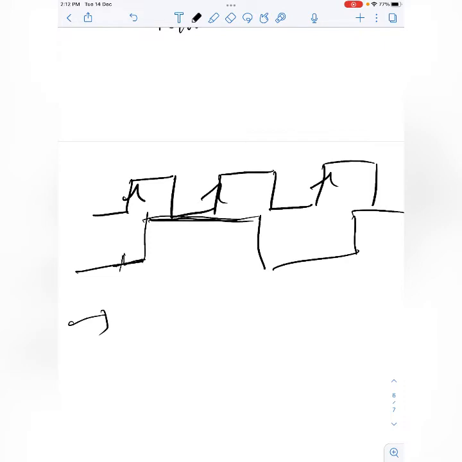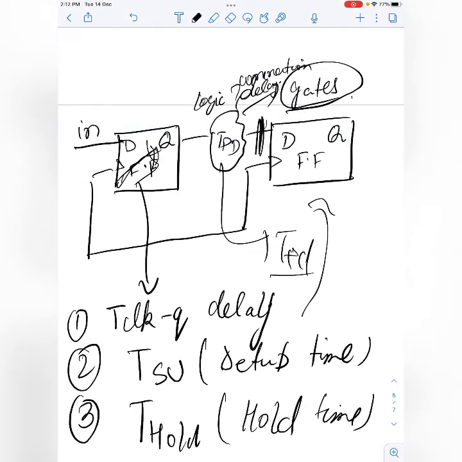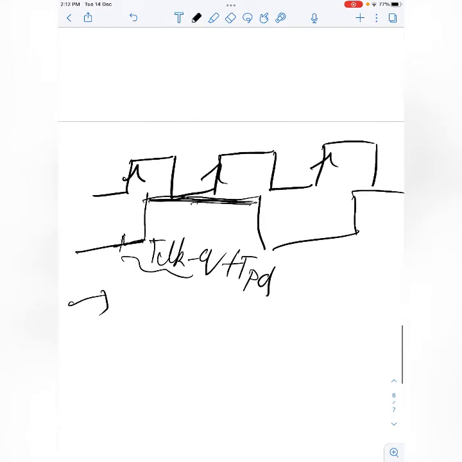But after how much time will it take to have this input? So it will be T clock to Q plus TPD at this flip-flop's end. So this will be something like this.